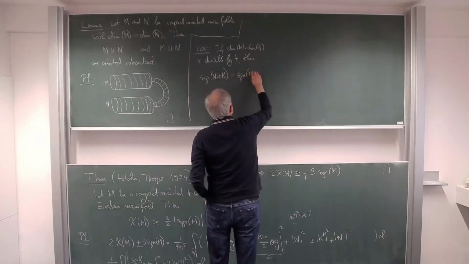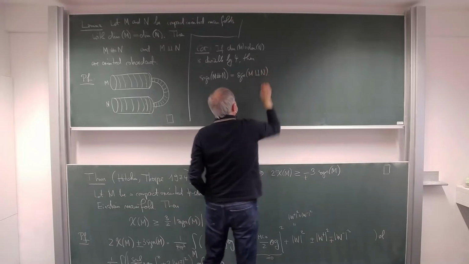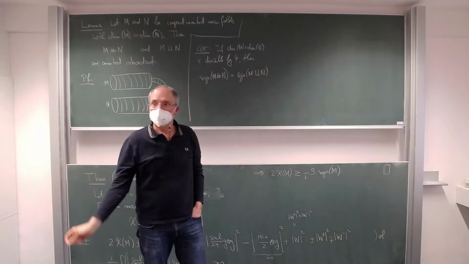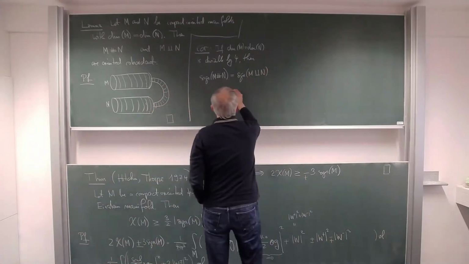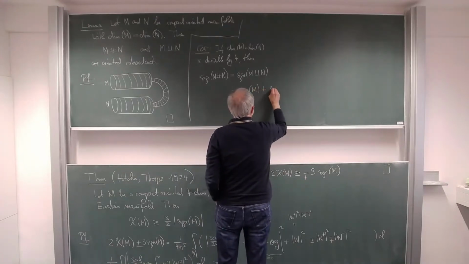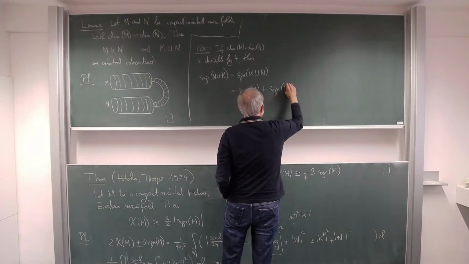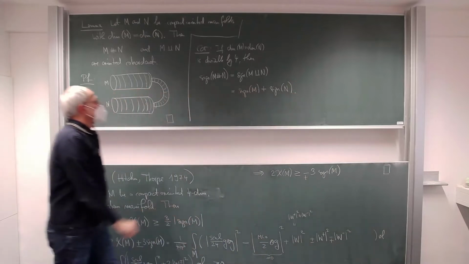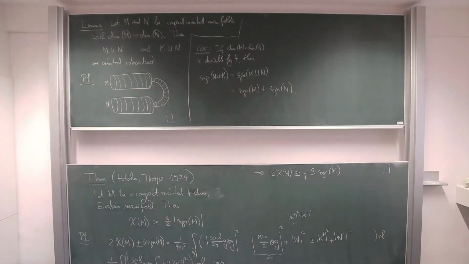But we already know, that's very simple, that the signature of the disjoint union is just the sum of signatures. This we have already remarked earlier. So the signature is additive under connected sums.